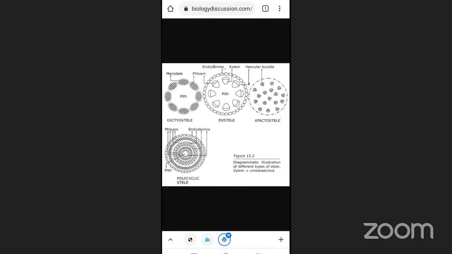So what are some evidences for the stelar theory? The stelar theory advocates that the protostele is the most primitive and undergoes several variations leading to the evolution of the dictyostele or polycyclic stele. Here the sporophytes with protostele occurred in the upper Silurian and lower-middle Devonian period.